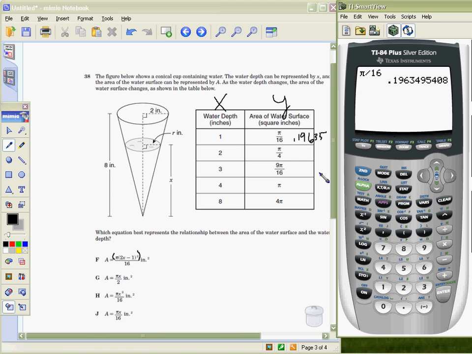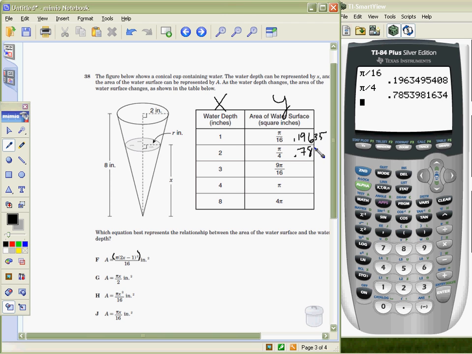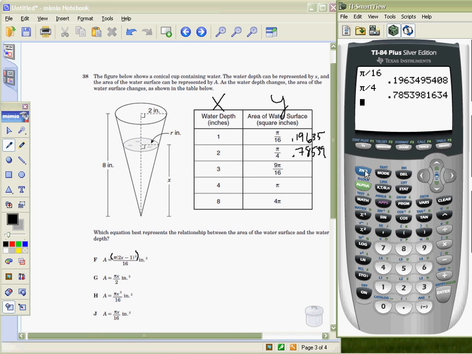So far we're good. What about pi over 4? Let's go ahead and see what pi over 4 is. 0.78539. Let's look at our table. And that one doesn't work. Because see, when x is 2, it says that it's 1.7671. So let's try a different one.